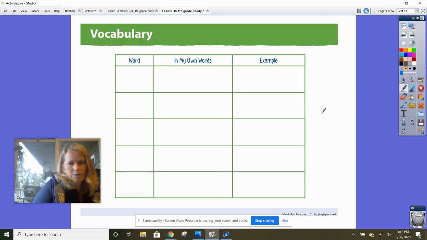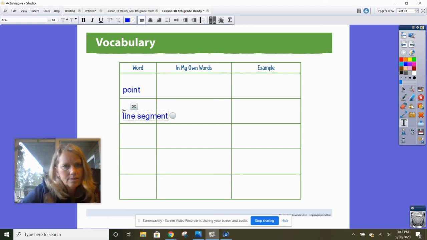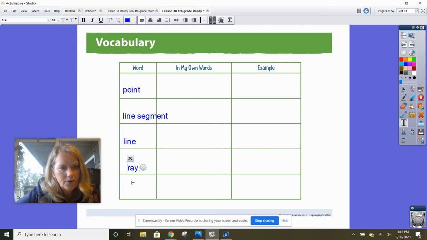All right, for vocabulary on page 647, prepare for points, lines. We got to put these words in here, which is pretty much the words we just went over. So let me type them in here and you can get them in your book on page 647. We've got the word point, and then you need the word line segment, and then next is line, next is ray, and then angle.